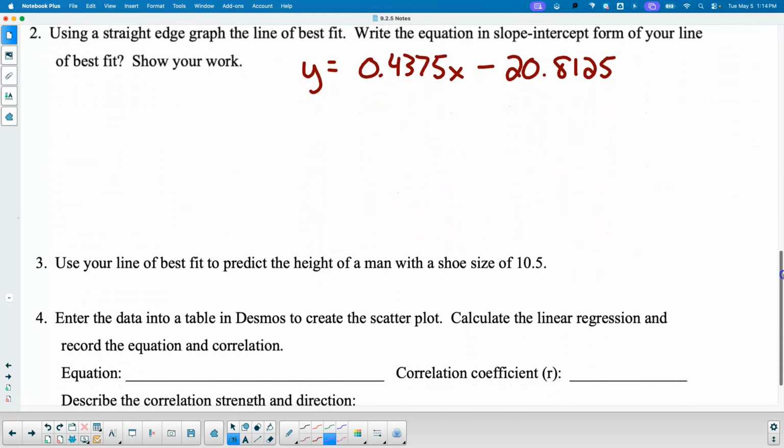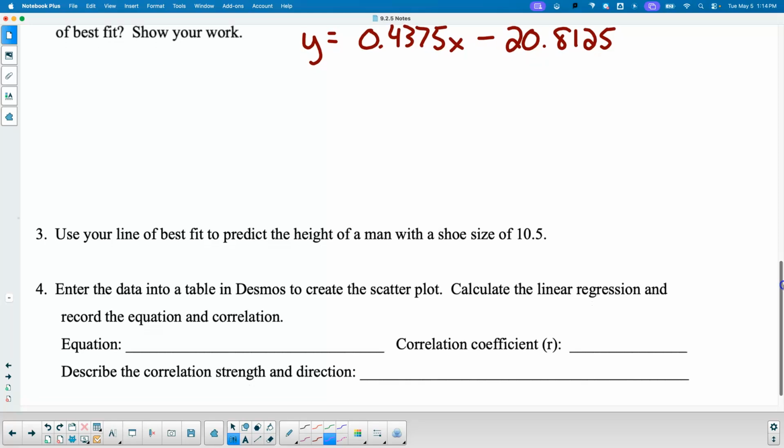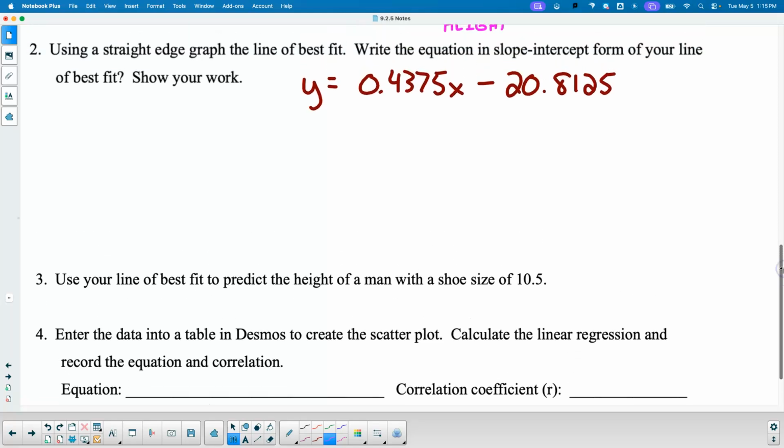Question number 3 says, use your line of best fit to predict the height of a man with a shoe size of 10.5. So first off, what is a shoe size of 10.5? Is that X or is that Y? Y, right?